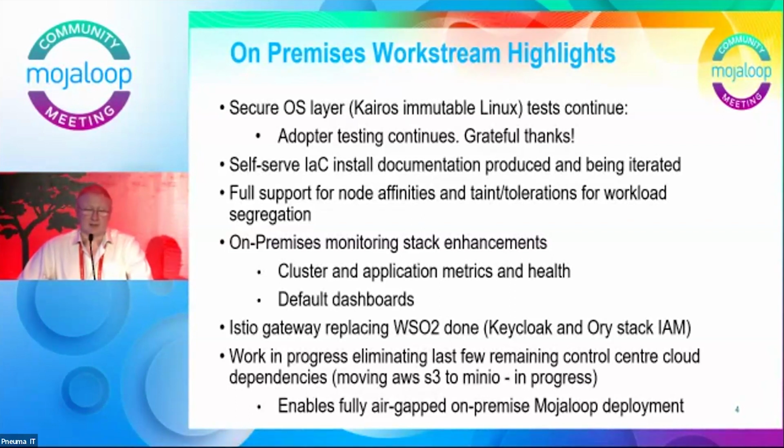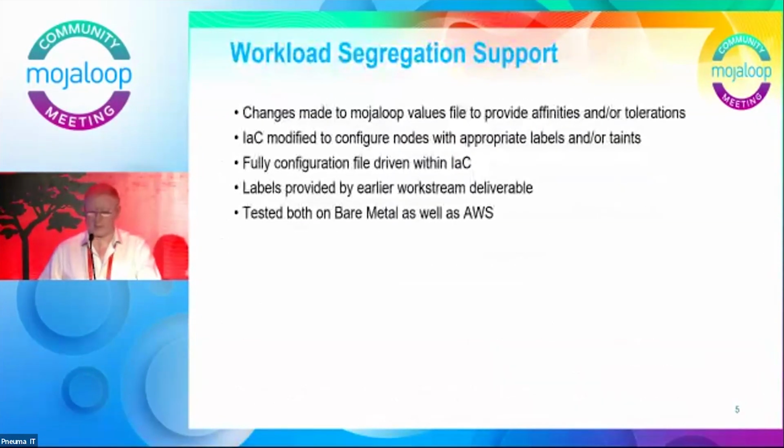At the last community meeting, we asked if people could come and help us with that. Infotex have stepped up. Thank you very much, guys. And we're almost done with that. When we have done that, we will be able to do a fully air-gapped on-premise Mojaloop deployment. We're very close to that.